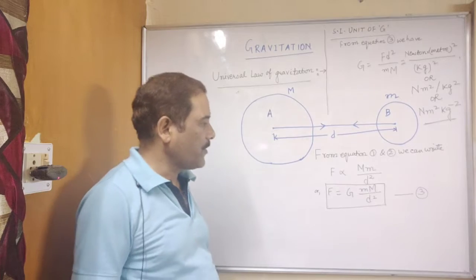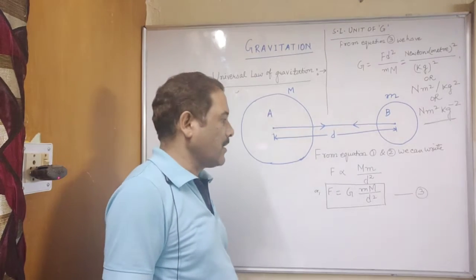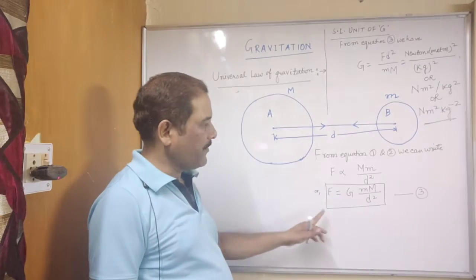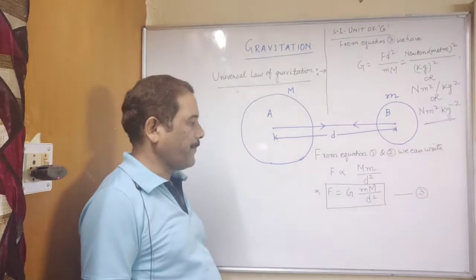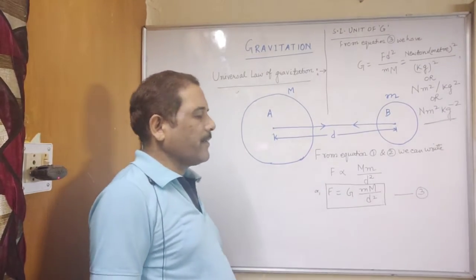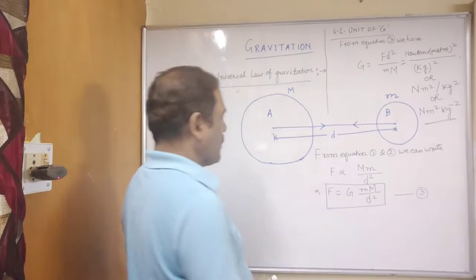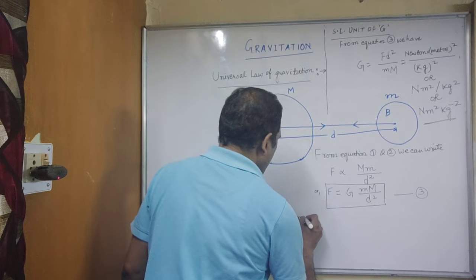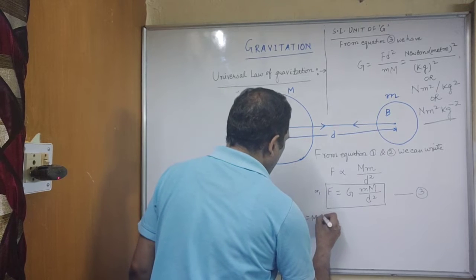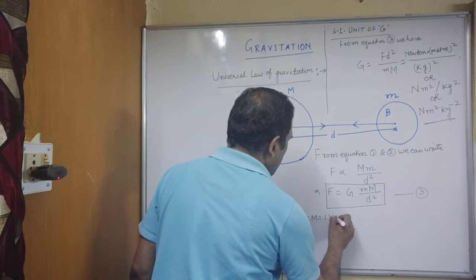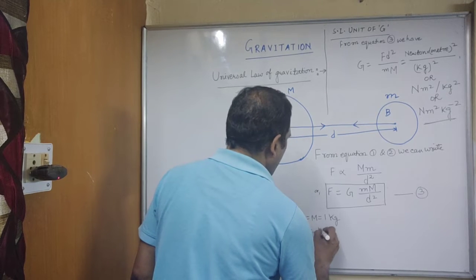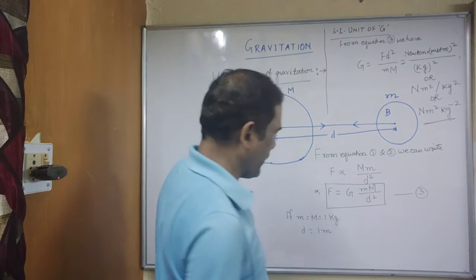Now, if we have to define gravitational constant, then how can we define it from equation number 3? Now, look at equation number 3. Suppose small m and capital M both are 1 kg each, and the distance between the objects is 1 meter.